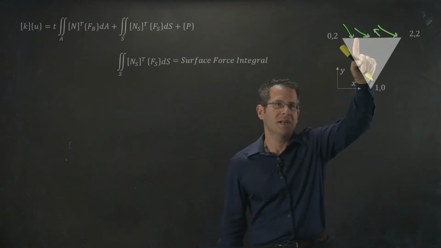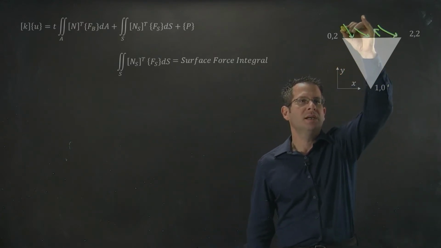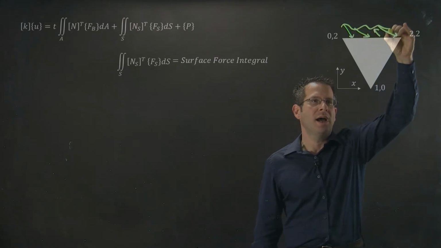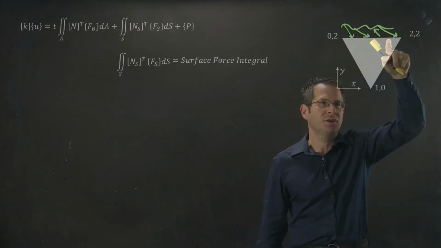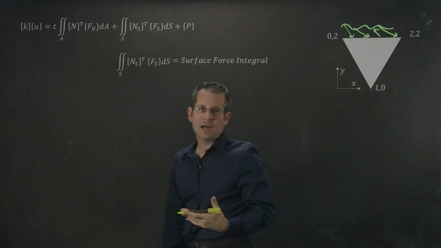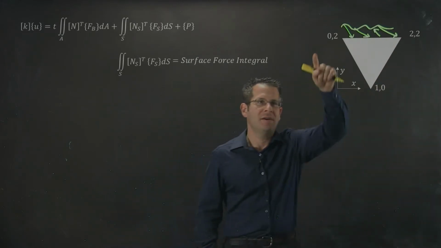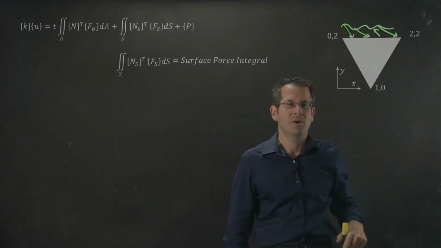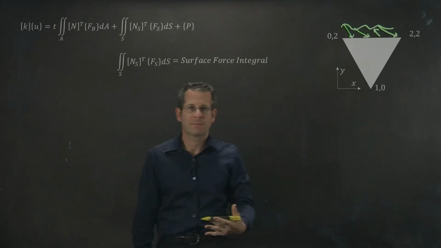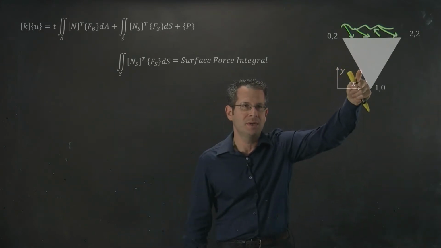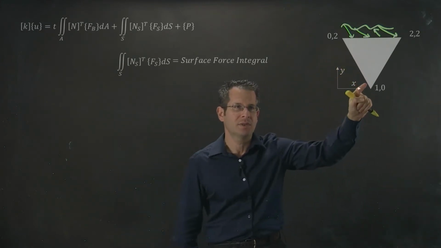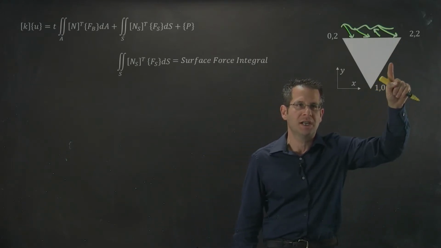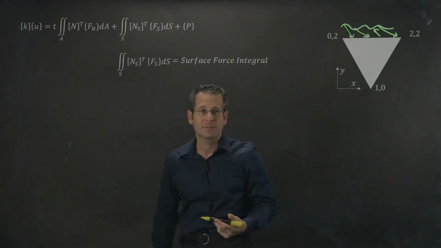My distributed load could be some function of x and y. In this case, since I'm just along the surface, my y is a constant, but I could have some force that has an x component and a y component dependent on x. If I was along this surface, it could be dependent on both x and y, and if it was along this surface, it could also be dependent on both x and y, because x and y are changing as I move along the length of the surface.